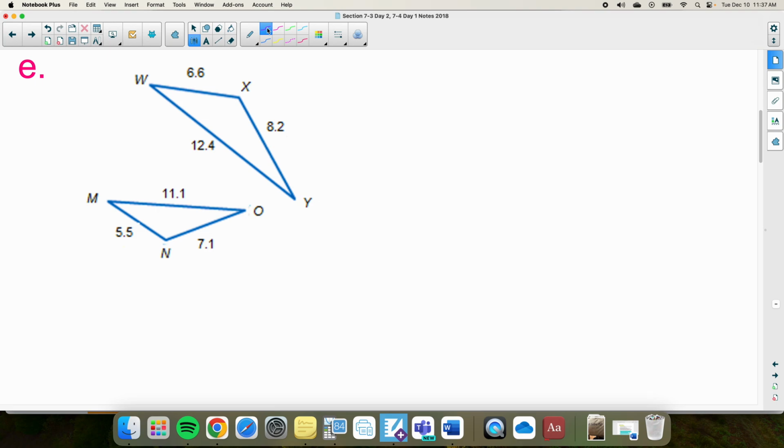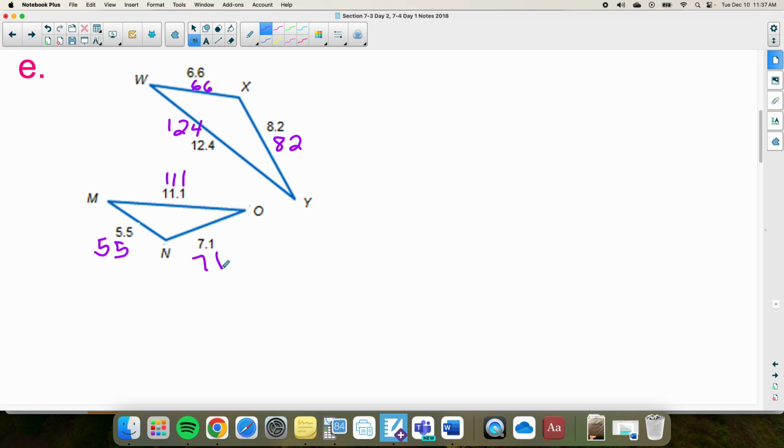If you don't have a graphing calculator and everything has one decimal point, you can multiply every number by 10, which would get rid of all of these decimals. So this would just become 66, this would be 82, this would be 124, 111, 55, and 71. And that might be a little bit easier to work with, okay?